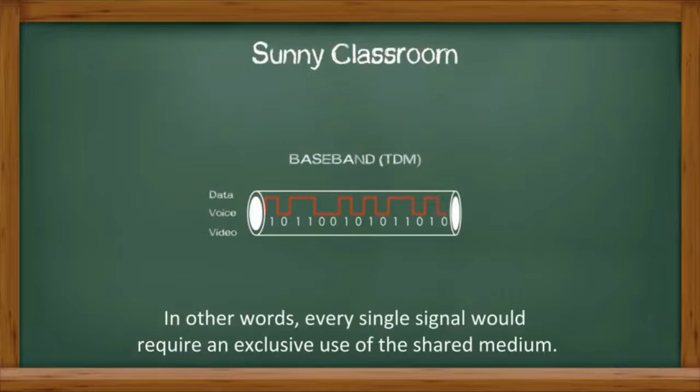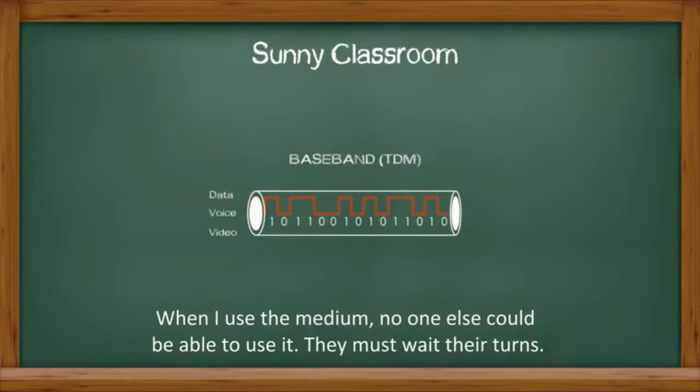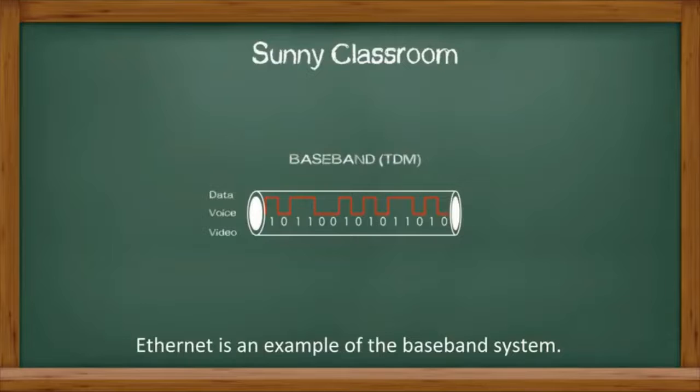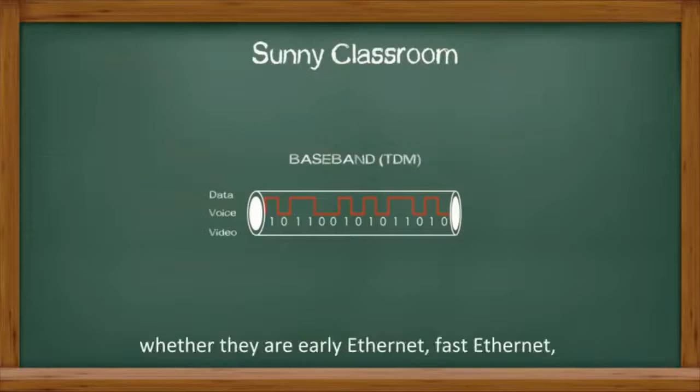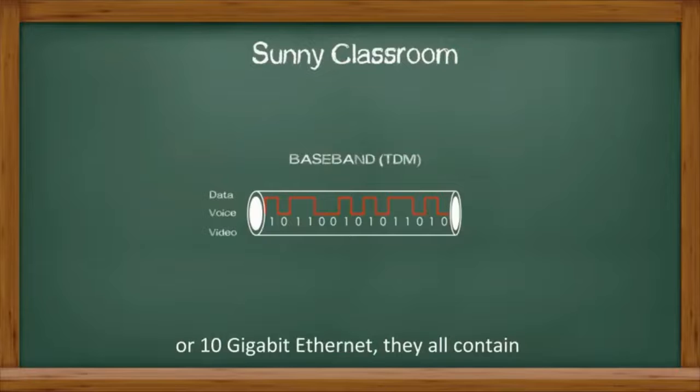In other words, every single signal requires exclusive use of the shared media. When I use the media, for example, no one else can use it. They must wait their turns. Ethernet is an example of a baseband system. Regardless of the version, whether early Ethernet, fast Ethernet, or 10 gigabit Ethernet, they all contain the word base. They are baseband.